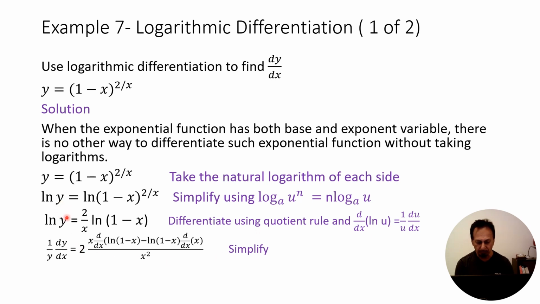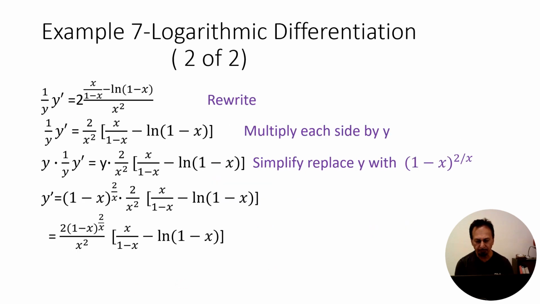So we differentiate both sides. The derivative of natural log of y is 1 over y times dy over dx. And the denominator is x, so we square that one. We write the x and factor out the 2, a constant coefficient: d over dx of natural log of 1 minus x, times x, minus natural log of 1 minus x times d over dx of x. Basically we simplify.